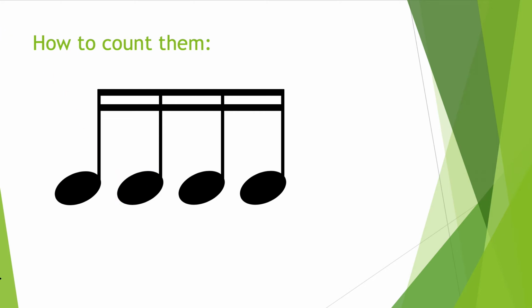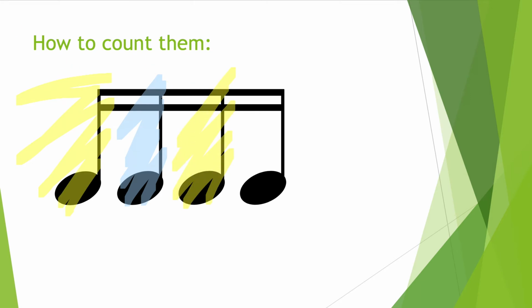Based on this last slide, there is a quarter beat per 16th note. So each of these notes is its own unit. So this is 1 note. This is 2 notes. This is 3 notes. This is 4 notes.